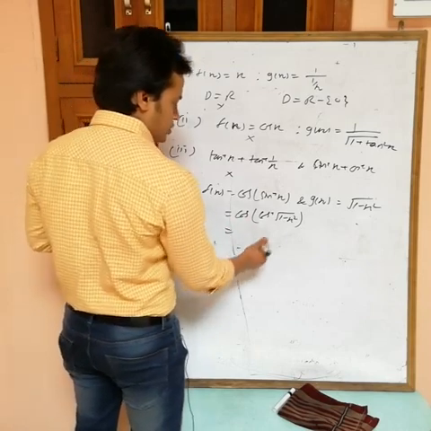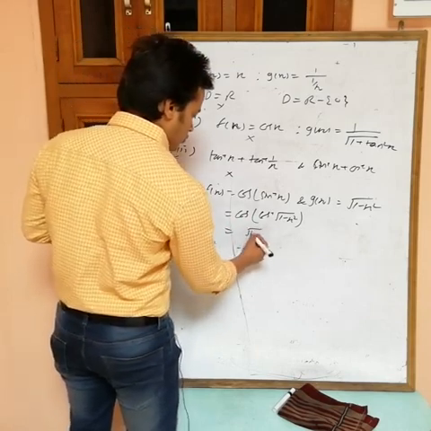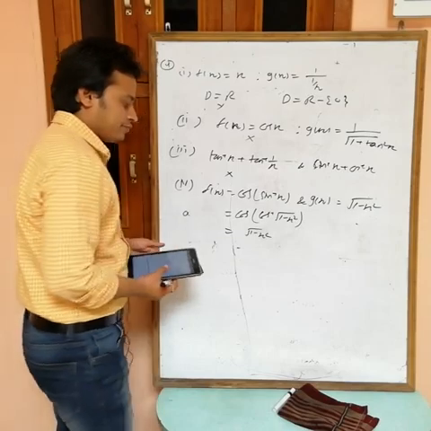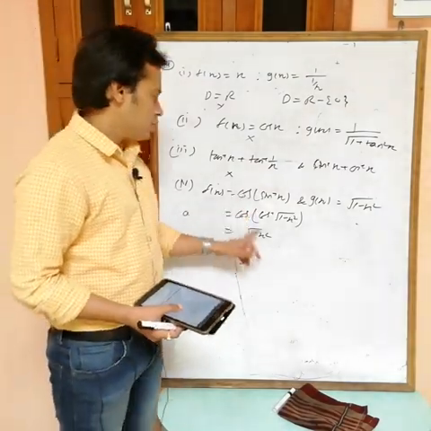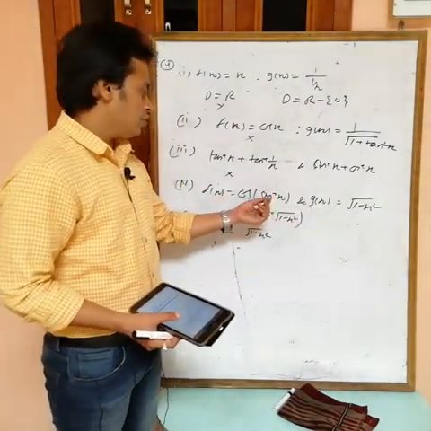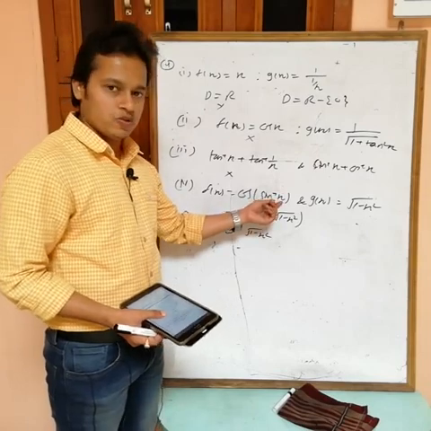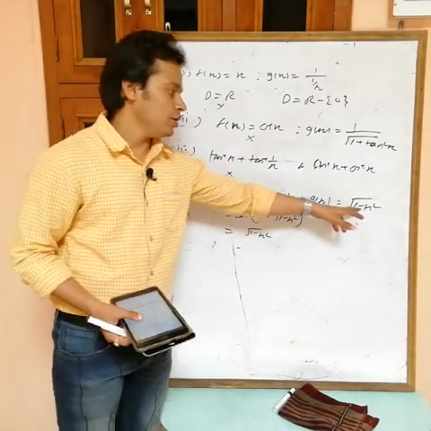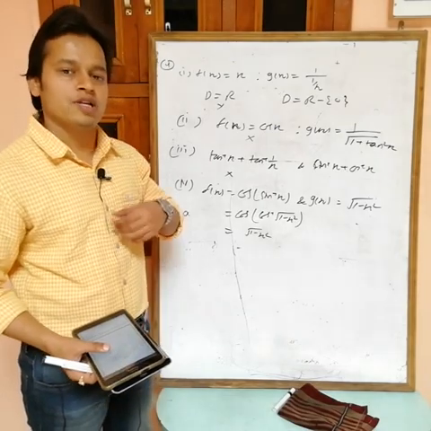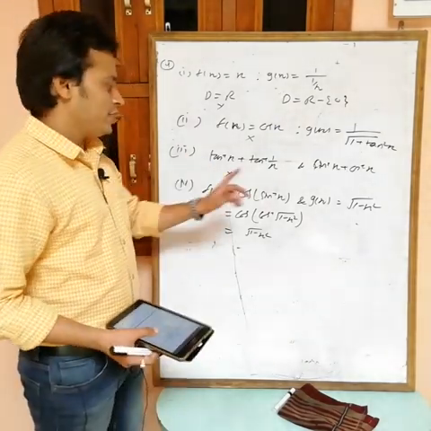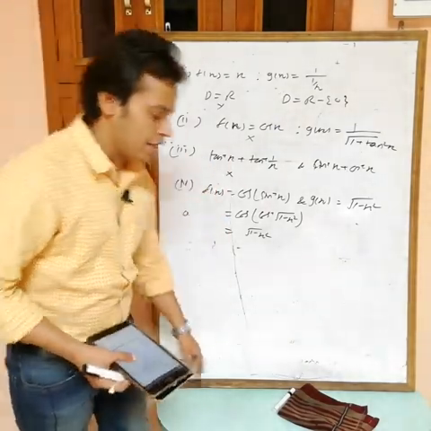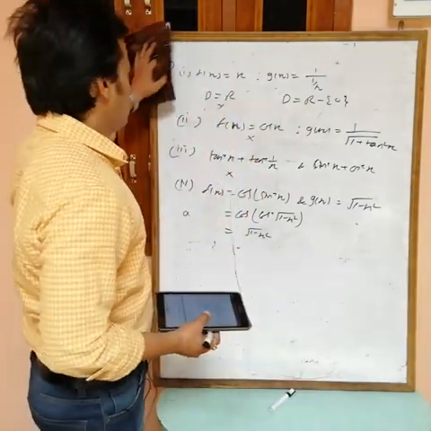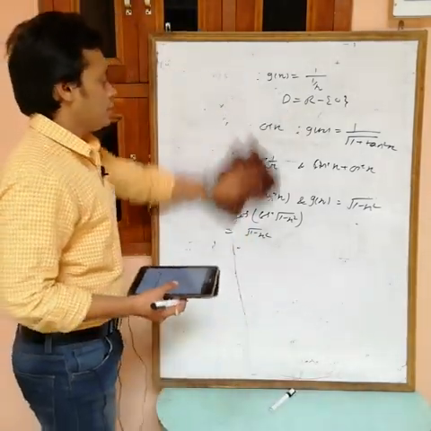Okay, cos of cos inverse x is root 1 minus x square. So this is also equal to this one. In this one also you can put any value from minus 1 to plus 1. The domain is minus 1 to plus 1, na. In this one also you can't put any value outside minus 1 to plus 1. So the domain and range are both the same, so this one is an identical function. Okay, so the fourth one is the correct option.